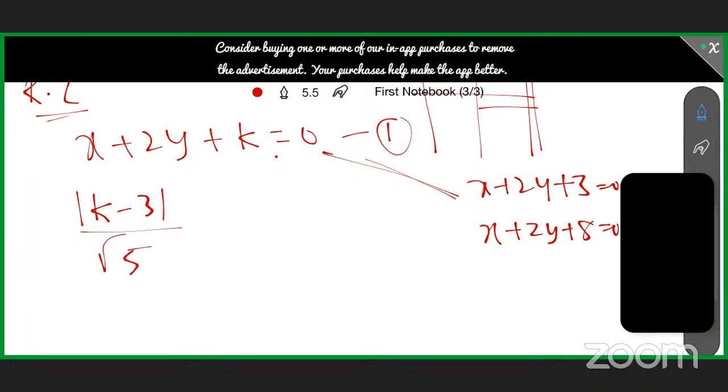For the second line, k minus 8 divided by root 5. What is the ratio? 1:2.